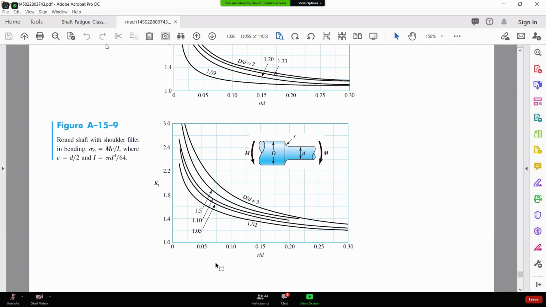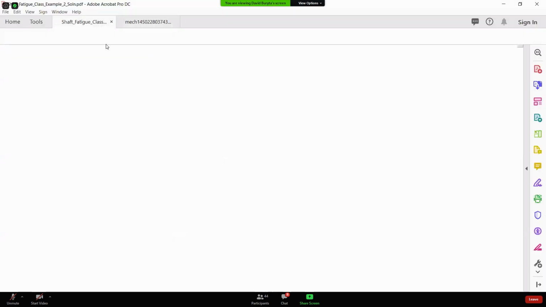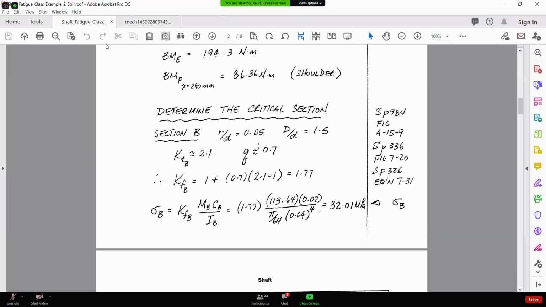Our r over d ratio is along the x-axis, and our D over d ratio is one of these curves, right? So if I go back to the PDF, we see the r over d ratio is 2 millimeters divided by the 40, and then D over d is 60 divided by the 40, to give us 1.5.